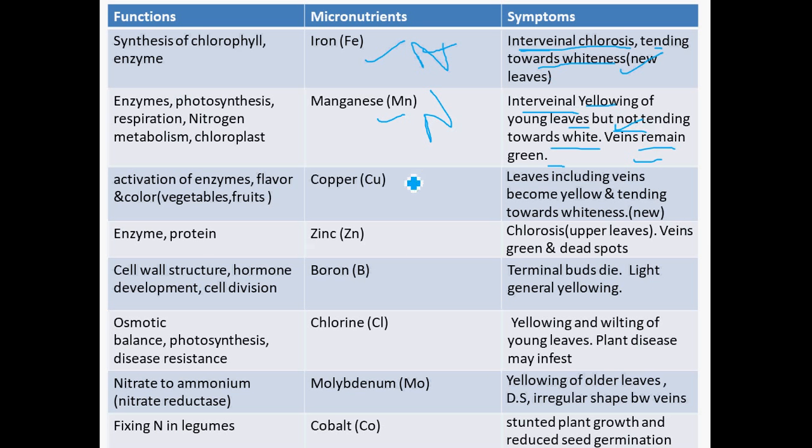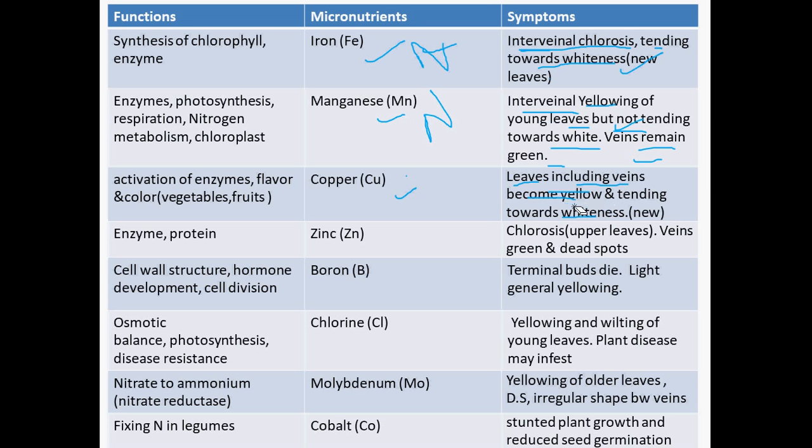Now next one is copper. Copper deficiency: leaves including veins become yellow and tend towards whiteness. Here interveinal chlorosis does not occur, because both leaves and veins become yellow.